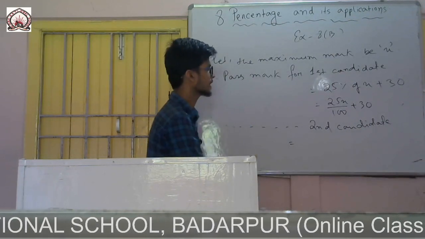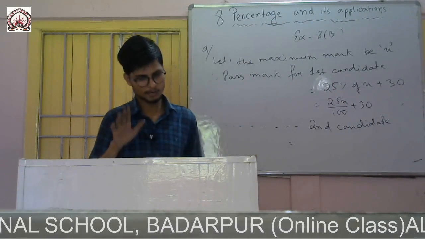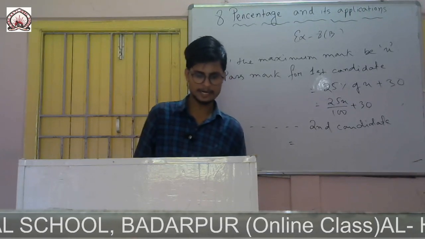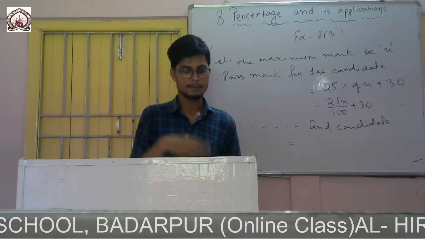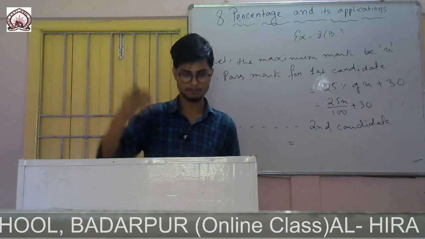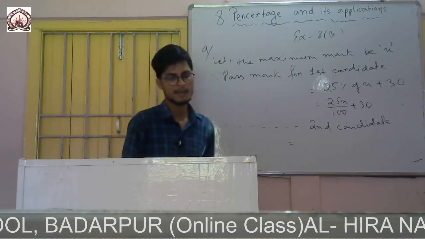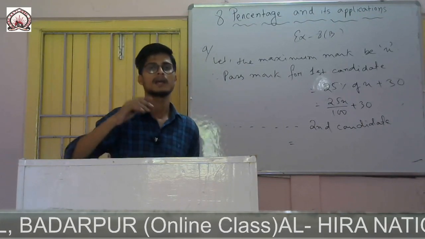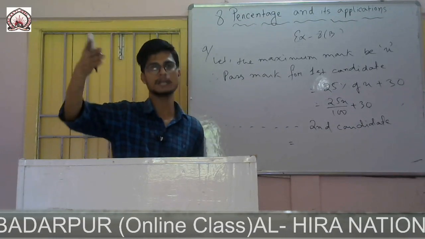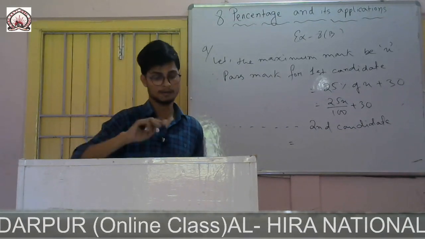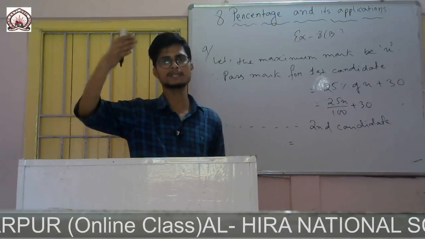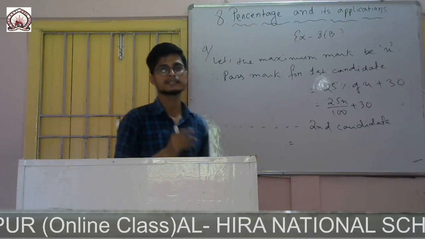Pass mark for second candidate was, it is given in the question that another candidate who secured 50% marks and got 20 marks more than the pass mark. That means 50% of total mark and how much he got? 20 more. That means if I subtract 20 marks, I will get the pass mark.